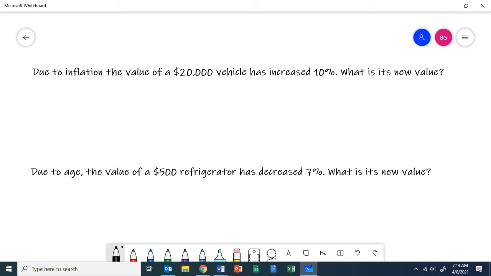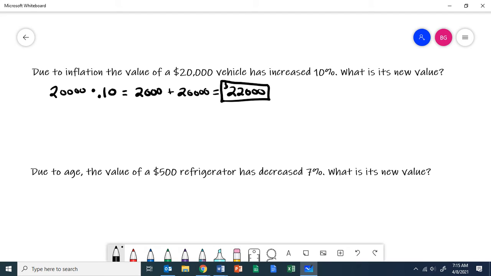I think a lot of people would find out what 10% of 20,000 is. So 20,000 times 10% as a decimal, which is 0.10, equals 2,000. Now that's a $2,000 increase. So since it increased by that much, we have to add that $2,000 back to the $20,000 starting value. So then we get $22,000. That would be the price of the vehicle.